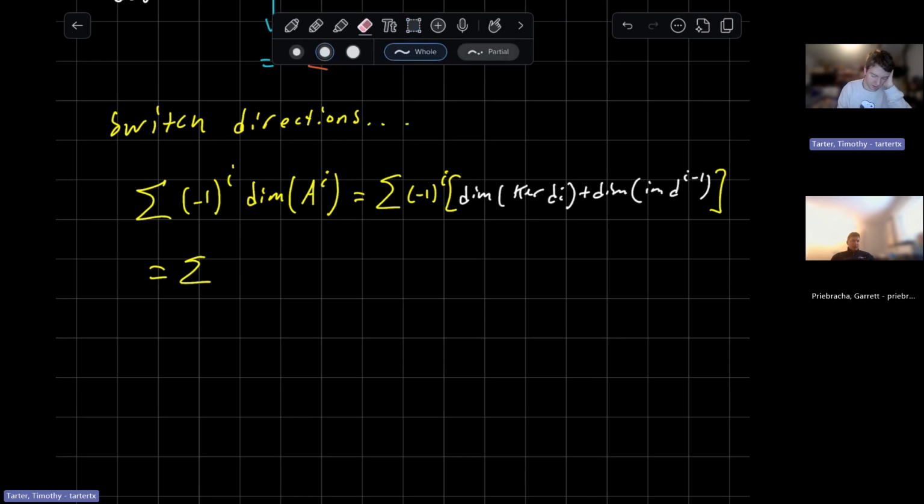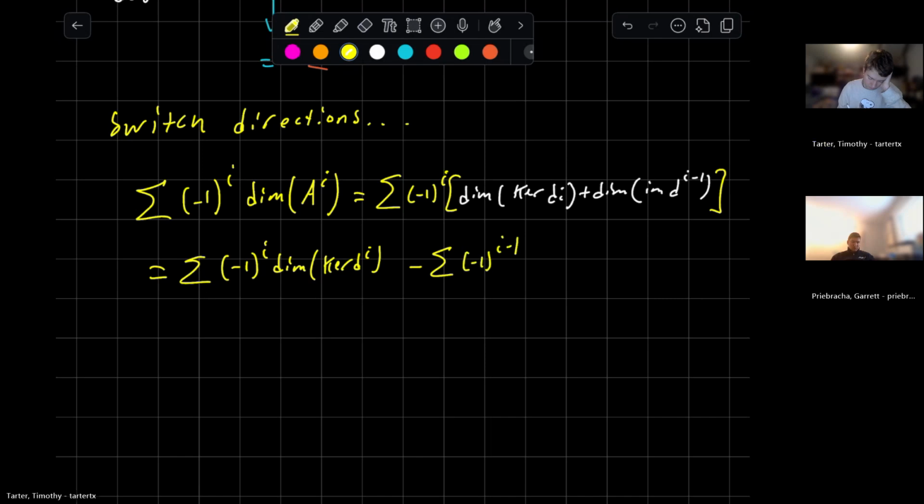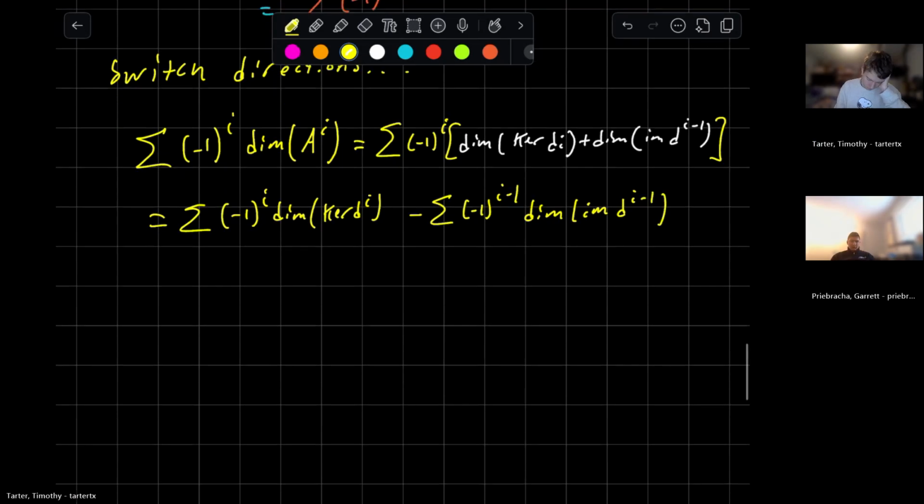Hold on, I might have come up with a trick. Then this is equal to the dimension of the ith homology group, and that's why it's like that.